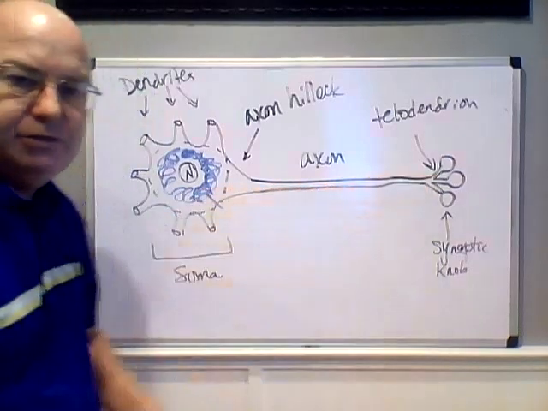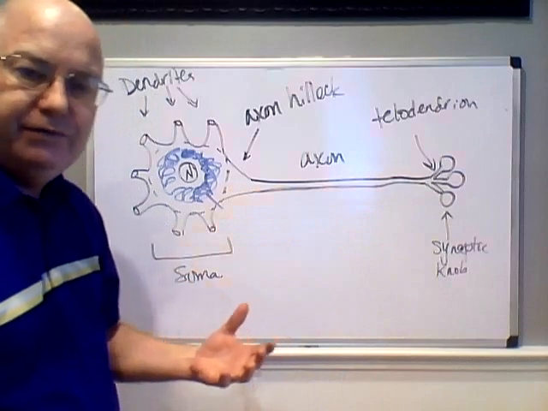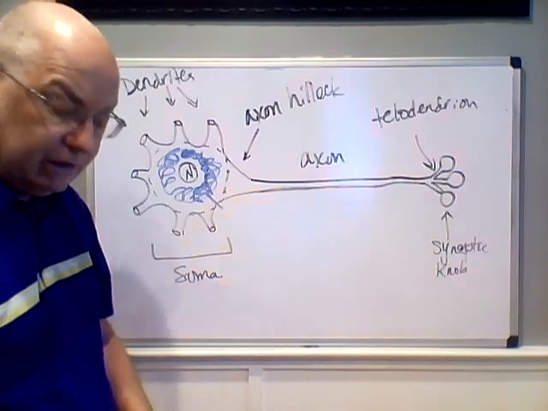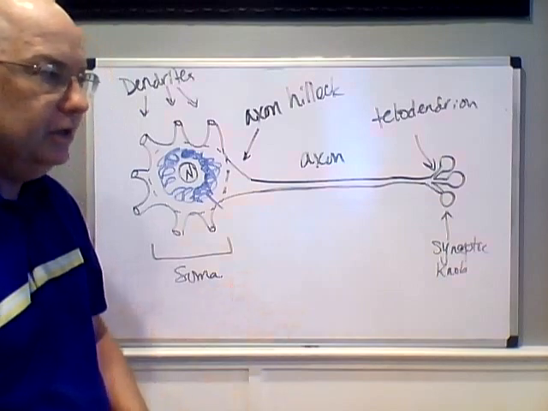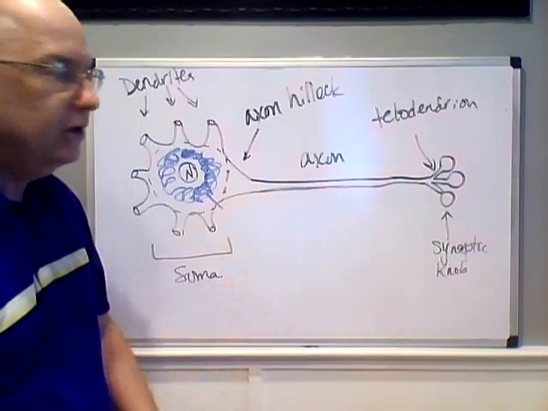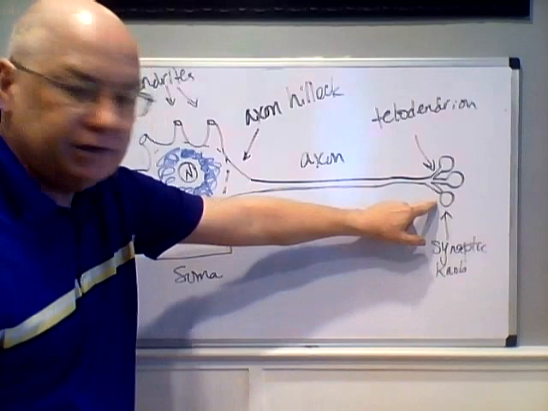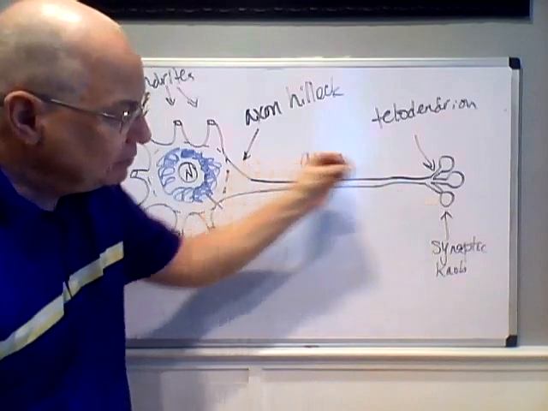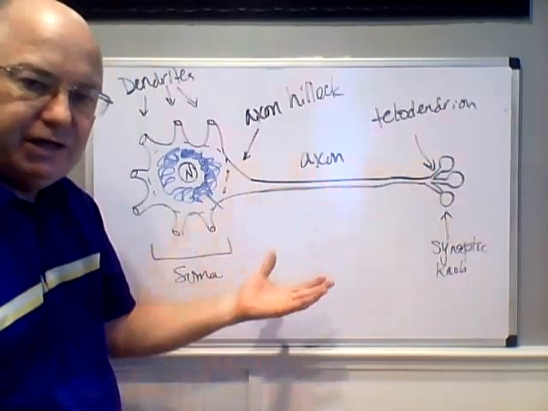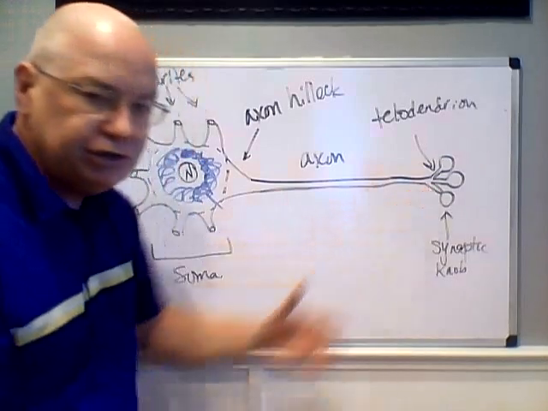hit the synaptic knobs, and if you studied the motor end plate videos and how muscle contraction is controlled, the synapse, the neuromuscular junction as we called it, then you know that there are some calcium ion channels here. When the action potential or voltage hits, the calcium ion channels open and calcium enters the synaptic knob.